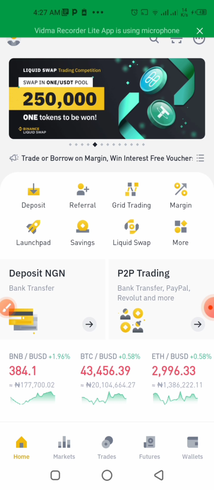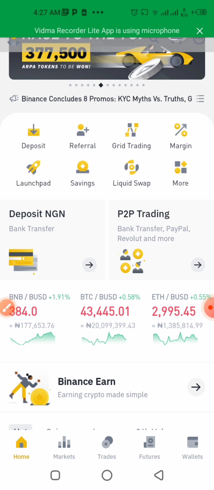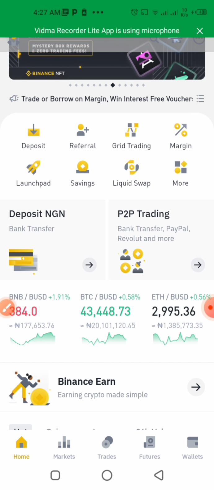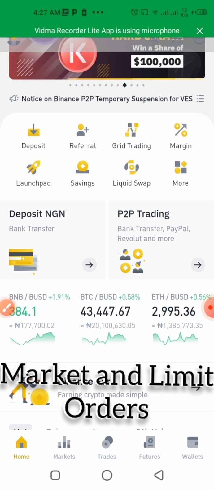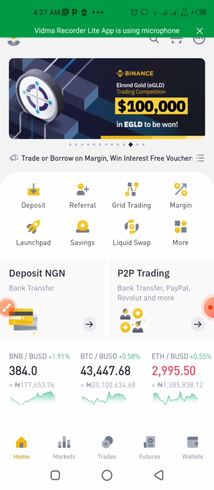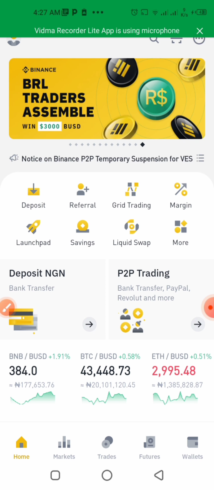As you log into your Binance or whichever exchange platform you're using, this spot trading platform is generally the same, or looks identical across all exchange platforms. The color may differ, but the options are generally the same or similar.